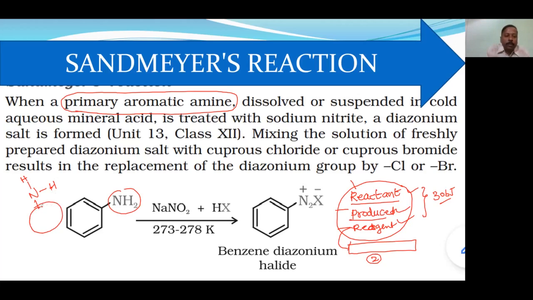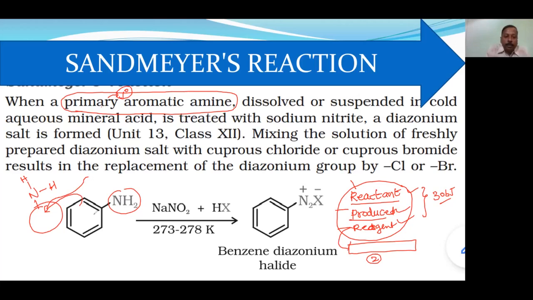And if that organic substance is a benzene ring or a derivative of the benzene ring, then it is called a primary aromatic amine. Primary can also be represented as 1 degree, which means one alkyl group is present.